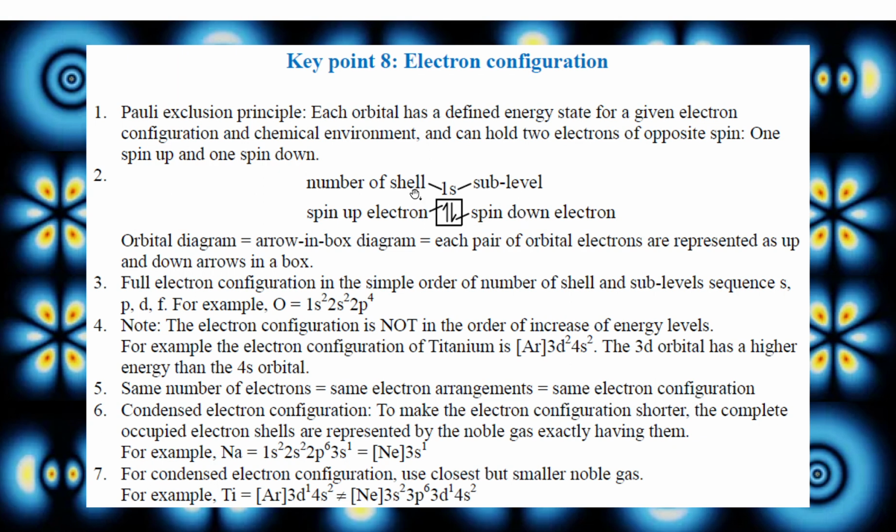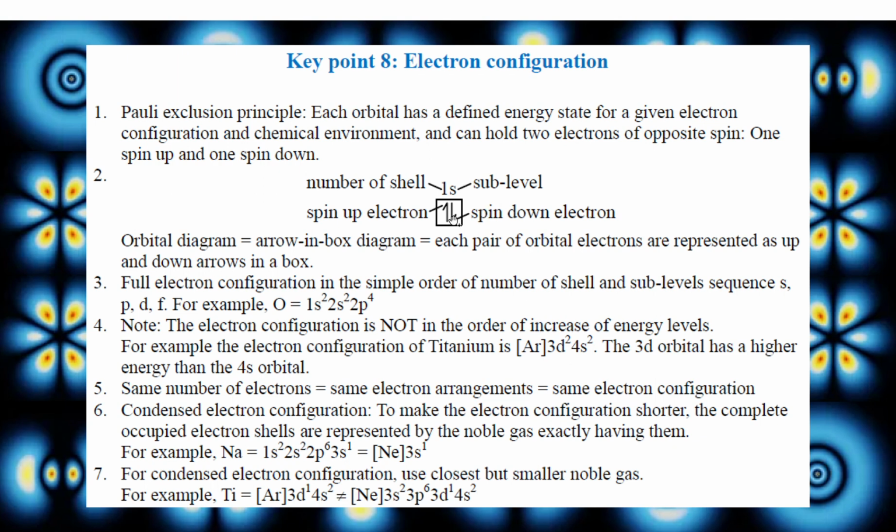And when you draw the orbital, you have to write down its principal quantum number and its sublevel on top of it clearly. So we call it an orbital diagram. In IBDP they'll give you marks, so you can write them down clearly. It is an arrow-in-the-box diagram like this, okay?